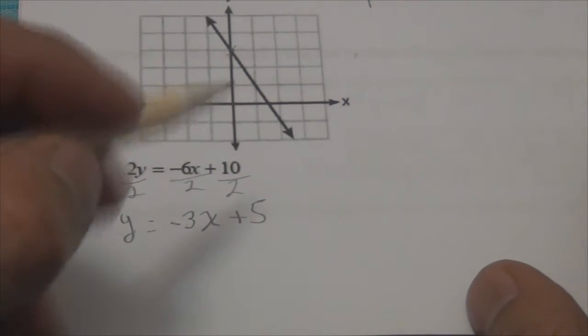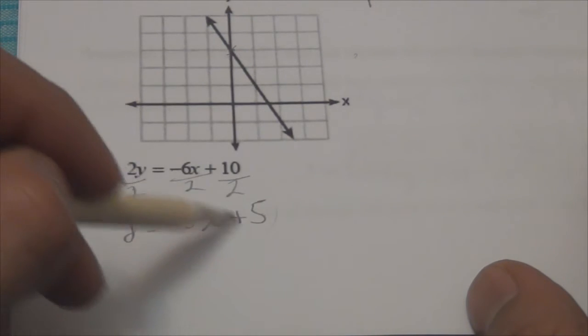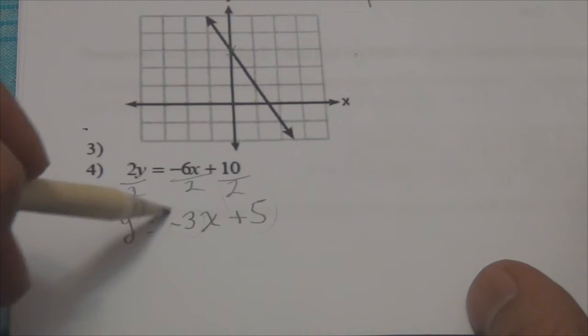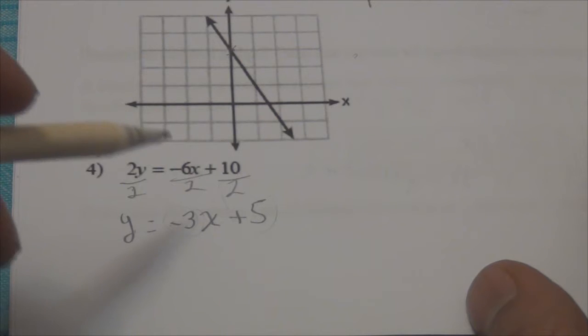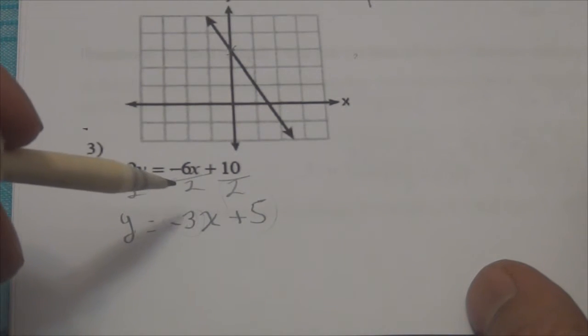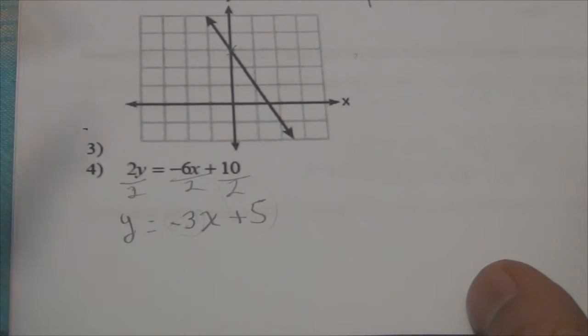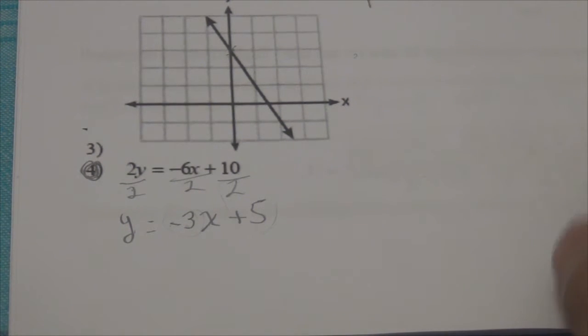What is the y-intercept? 5. What is the slope? Negative 3. Please don't ever say that the slope is negative 3x. Alright, because you're wrong. So the slope is negative 3, so choice number 4 is our choice. Oh my God.